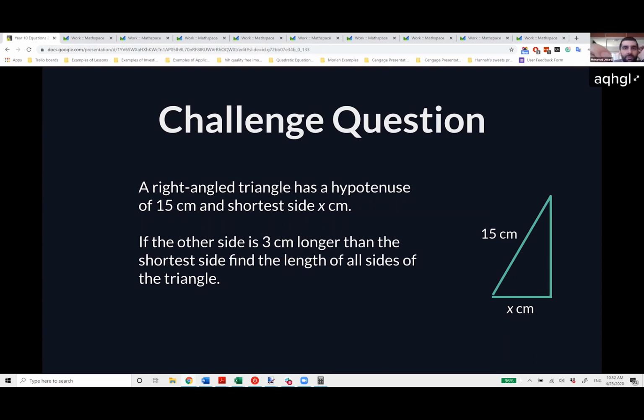So we know, let me bring up my annotation tool. Okay, so if the shorter side was x, then this side here is going to be x plus 3.